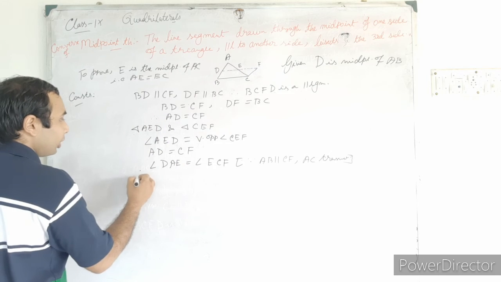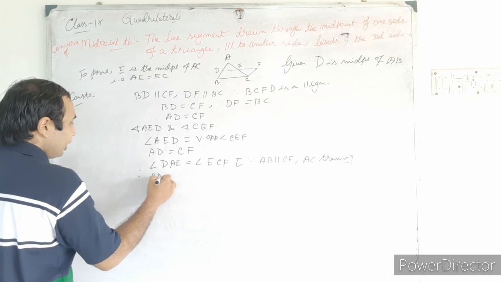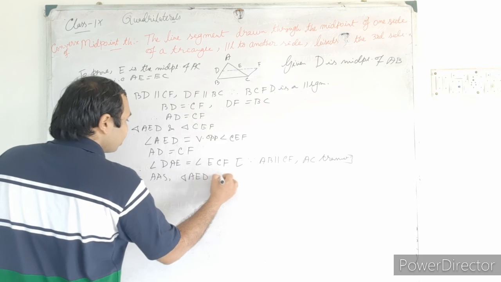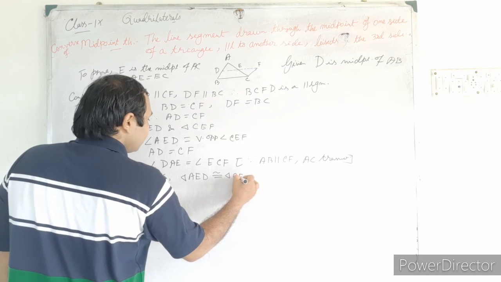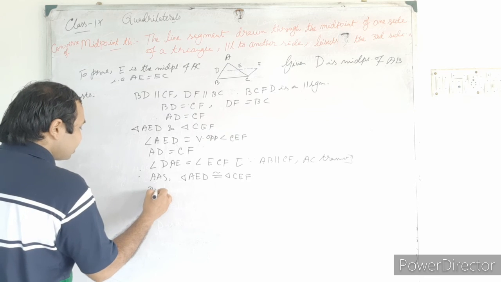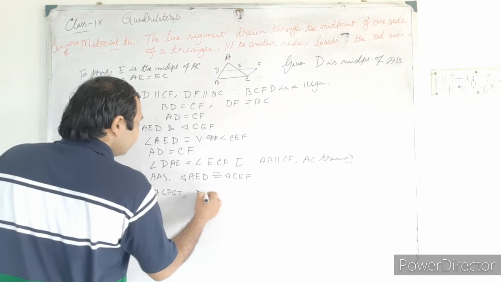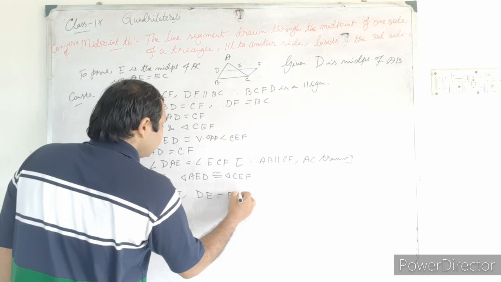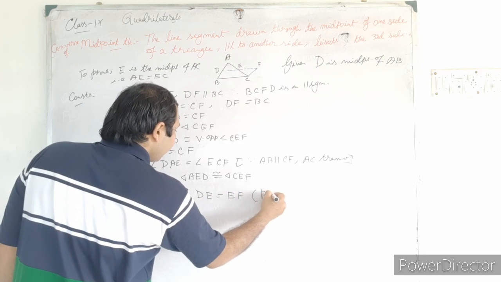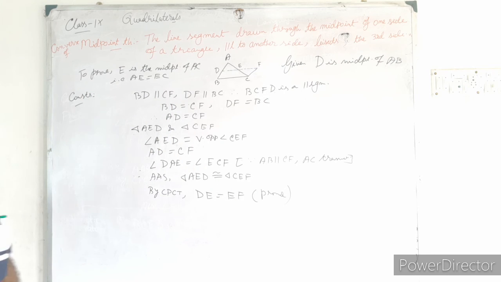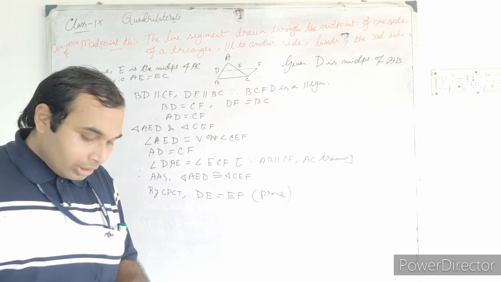So by AAS, triangle AED is congruent to triangle CEF. So by CPCT we can say DE is equal to EF, which was required, and we have finally proved the result. So this is the converse of the midpoint theorem.